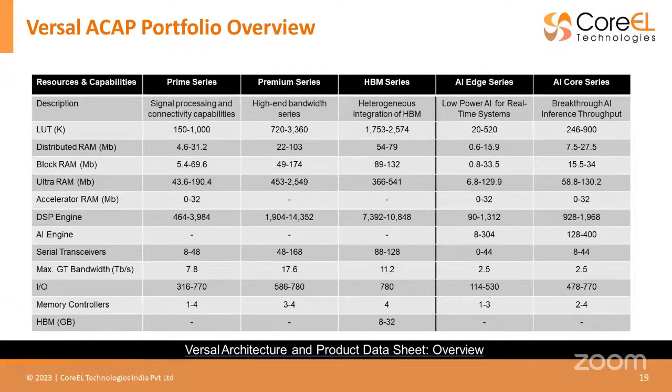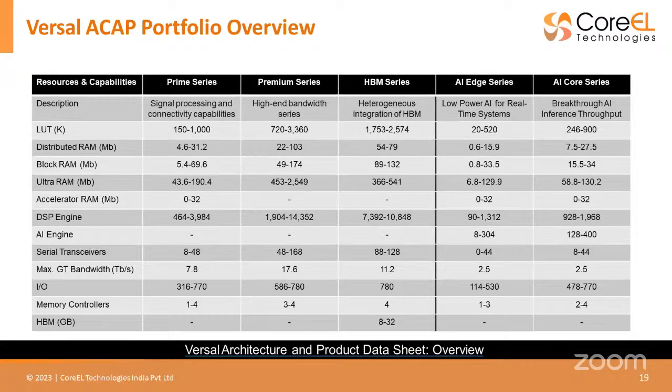And then you have your AI Edge and AI Core series for the low power AI applications. The AI Edge is a better option along with your real-time systems. And the AI Core series is specifically meant for your high-end AI applications.